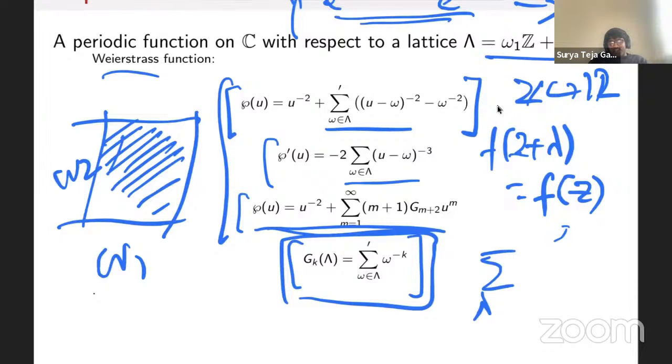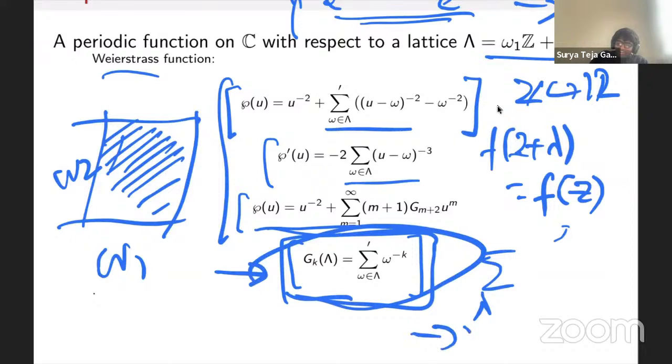Every lattice will have different constants. For a fixed lattice they're fixed constants, but the constants depend on the lattice. If you think of these constants as functions of the lattice, these functions are modular forms.